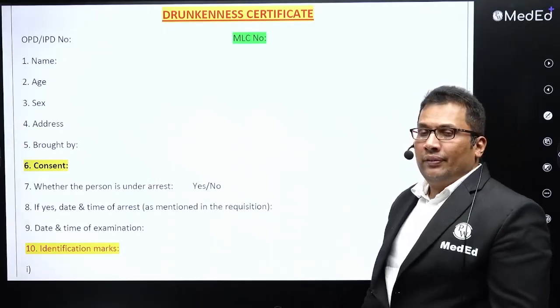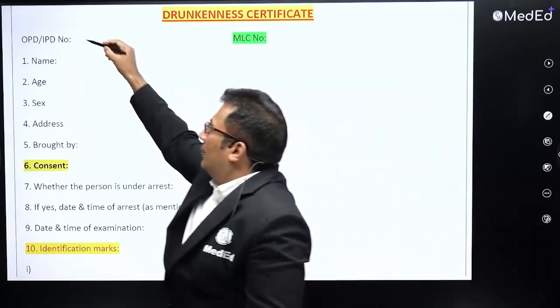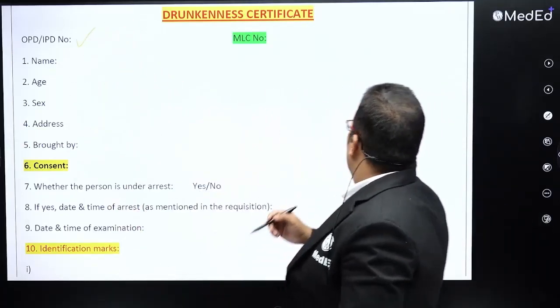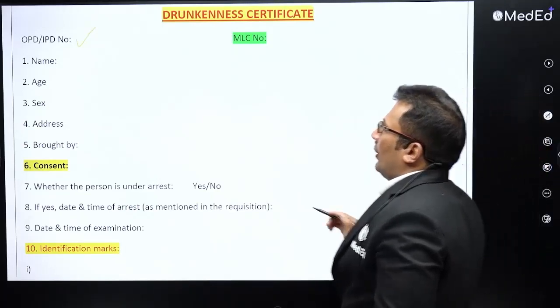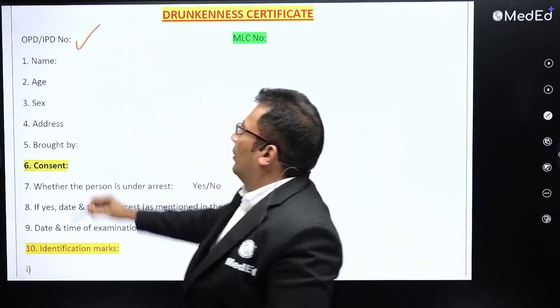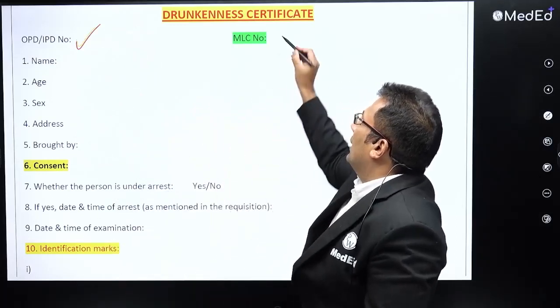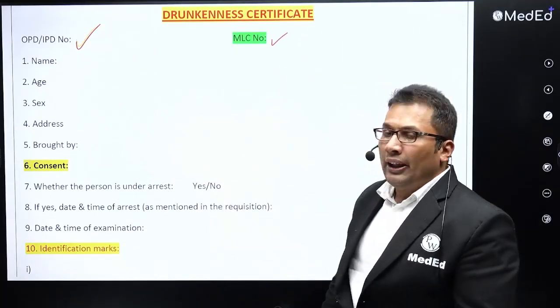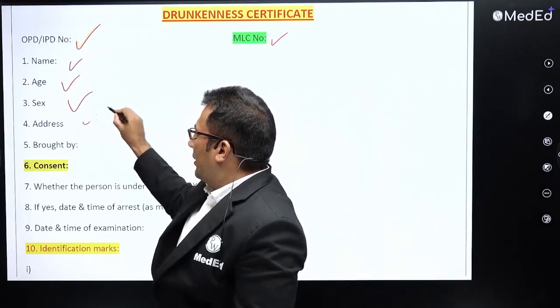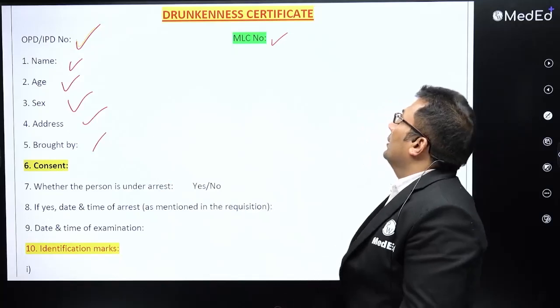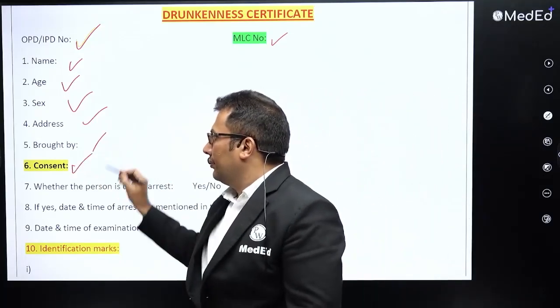drunkenness certificate. OPD number or inpatient department number that you can write, MLC number, medico legal case number, name, age, sex, address, brought by. The important one is consent.